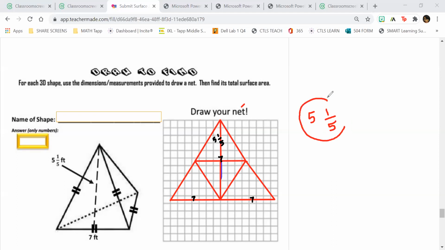Right now it is a mixed number. Remember, I like to do the C for change, and we're going to follow this arrow around. So 5 times 5 is 25, plus our numerator of 1, that equals 26, and we put it over the original denominator of 5.